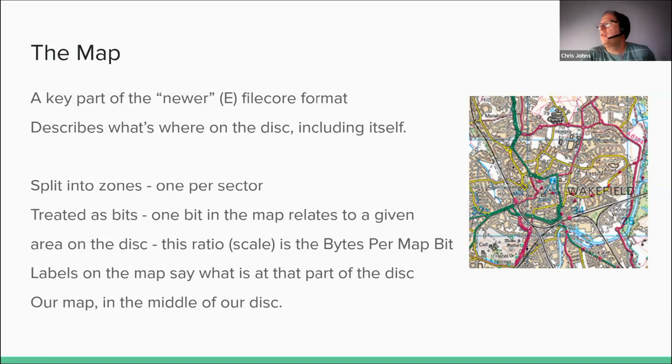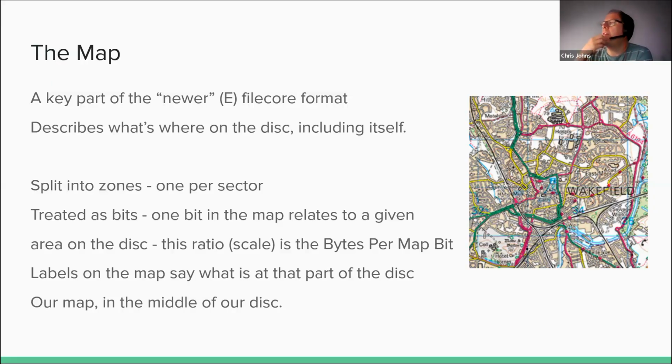That was big enough. Obviously, as you go into hard drives, and in fact the high density floppies, that wasn't really big enough. So it's split into zones, which is basically a sector's worth of map.